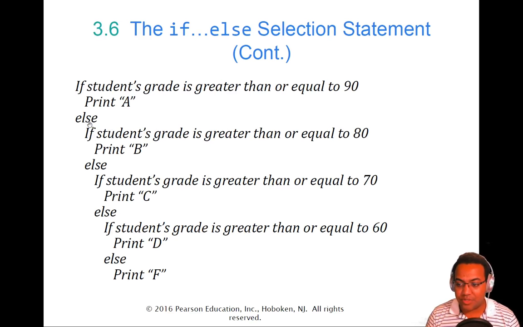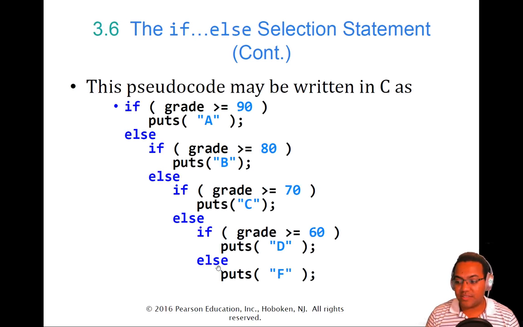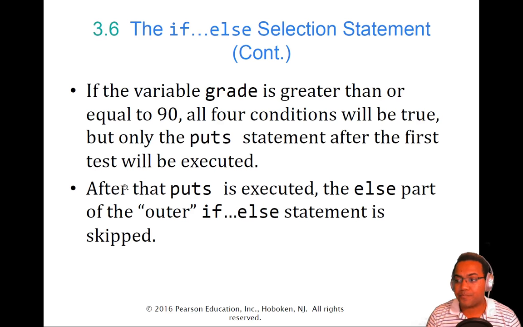You don't have to do this, else. You can just say else if. These nested statements are not any faster or slower than an else if, but they're harder to read. If the variable grade is greater than or equal to 90, all four conditions will be true, but only the output statement after the first test will be executed.